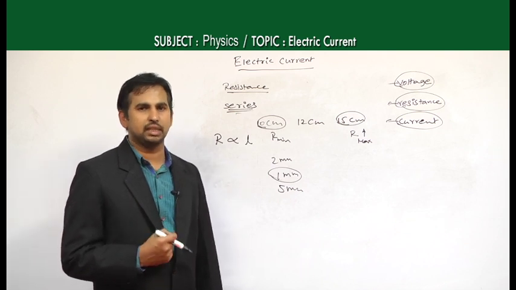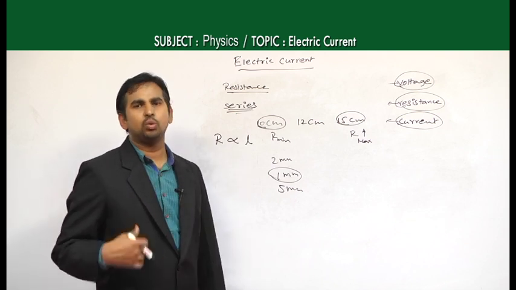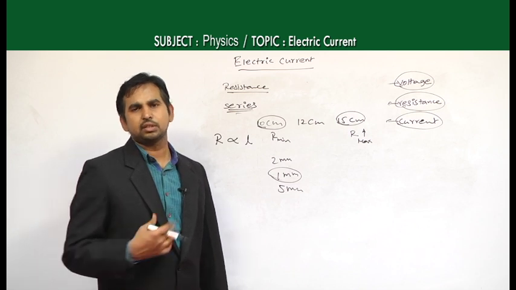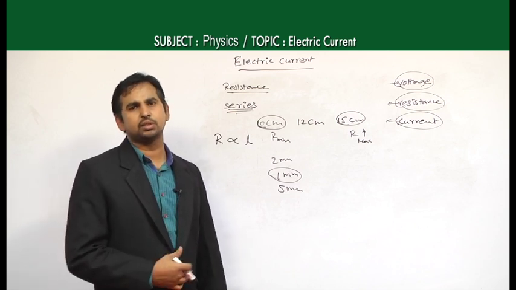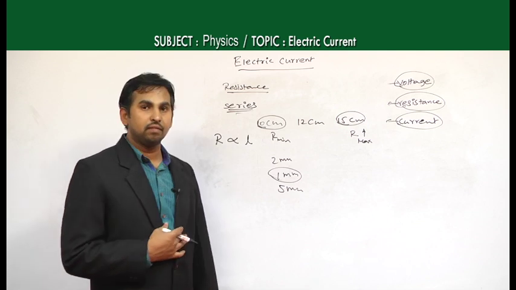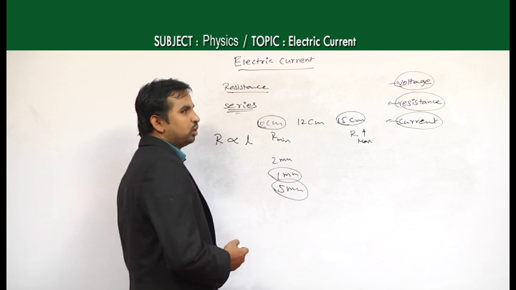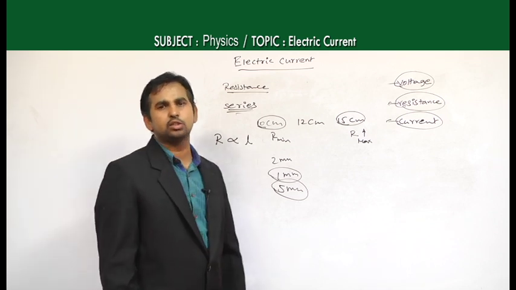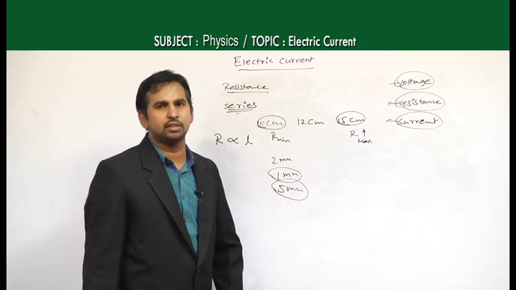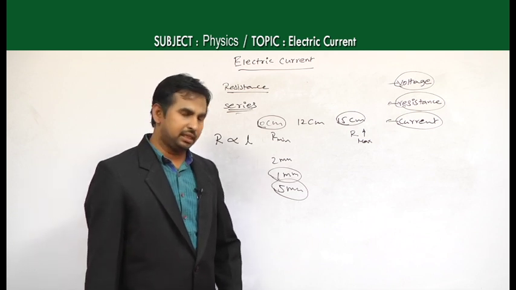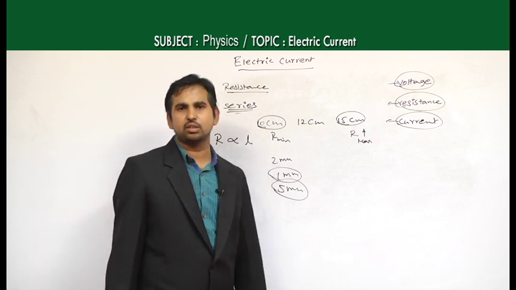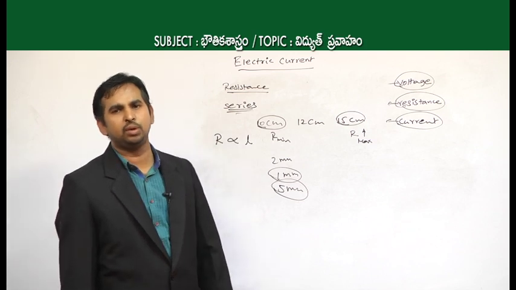As the thickness is less, we have more resistance, and as more resistance is present, the passing of current will be less. Whereas for the 5 mm wire, which has more thickness, the resistance value is less. As the resistance value is less, the current passing through it will be more.